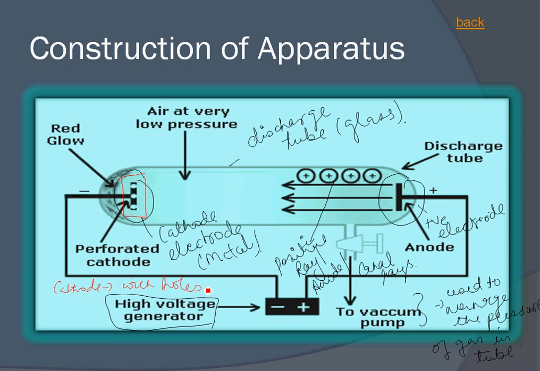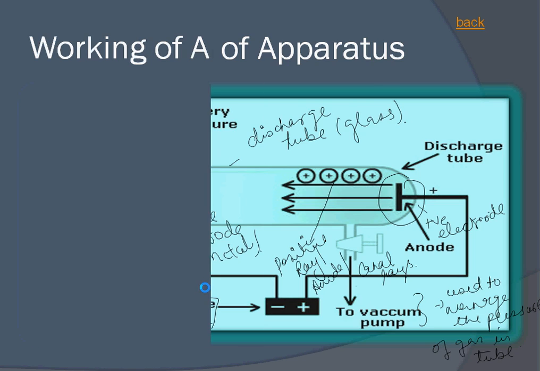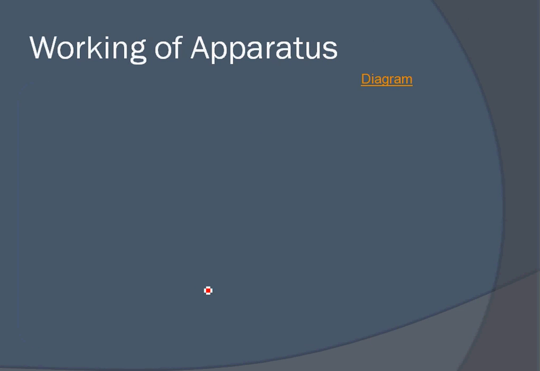Let's come to the working of the perforated cathode. Why is it used in this apparatus to discover the proton? We just saw the diagram like this.